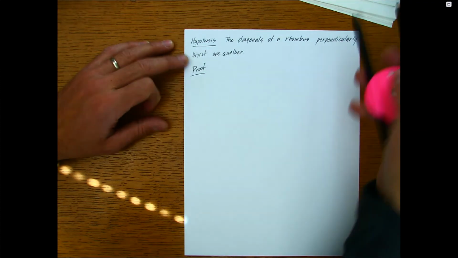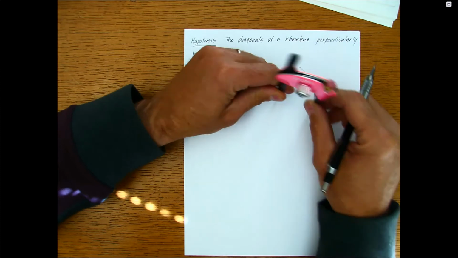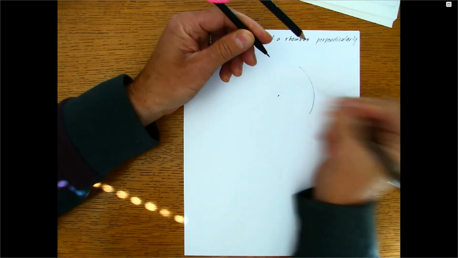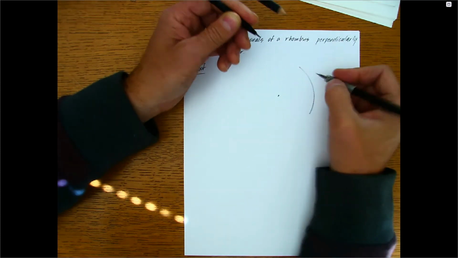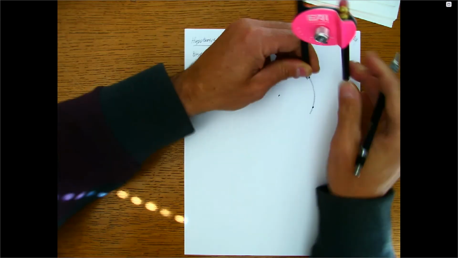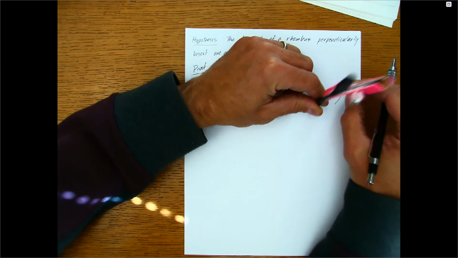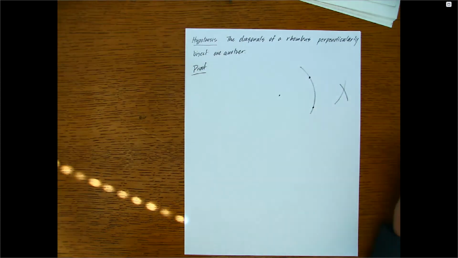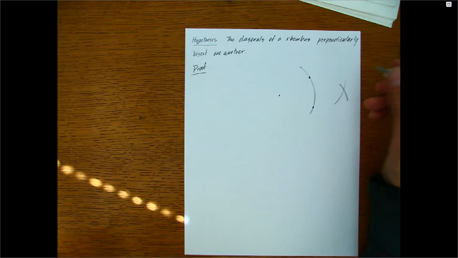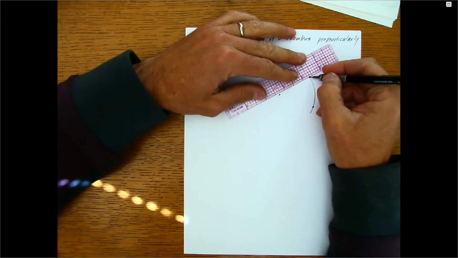Well, let's draw a picture first. I'm going to draw the picture just exactly the same way that we did it on GeoGebra. I'll start with a center of a circle and a certain radius, put a couple points on that circle, and then keeping the radius the same, scribe out another two arcs and draw in their intersection.